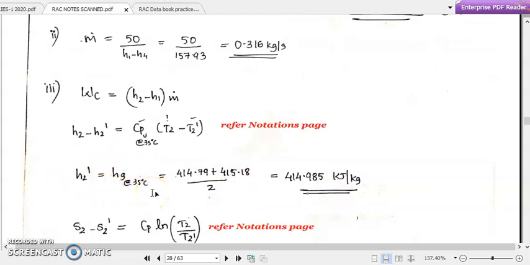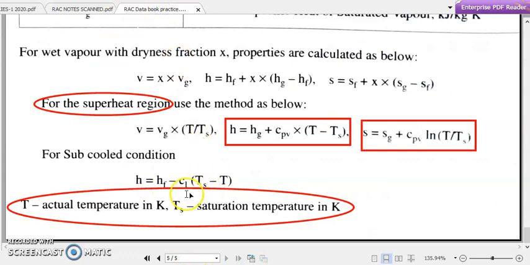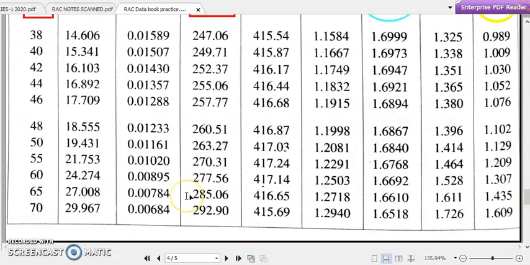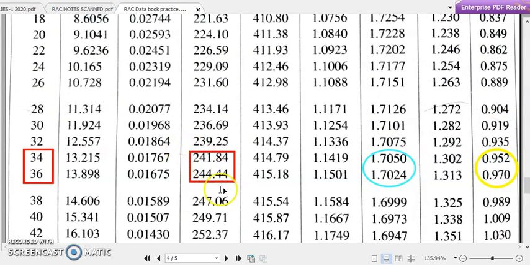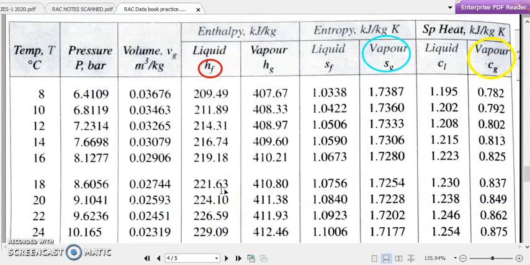Again, we can find the hg value at 35 degrees Celsius by referring to the data book. We go to 35 degrees Celsius, and the hg value is coming like this.